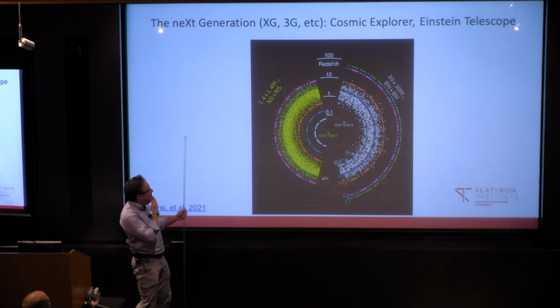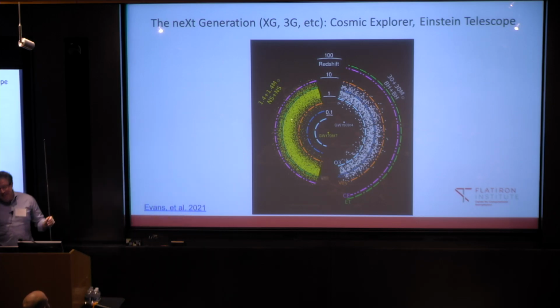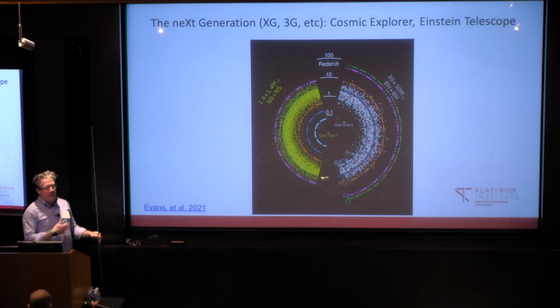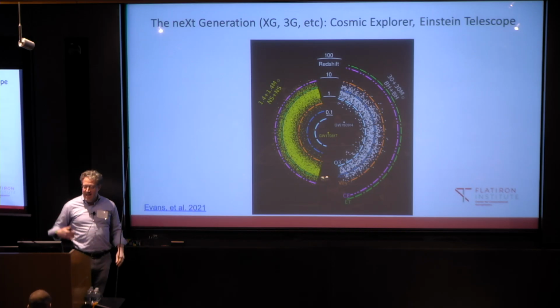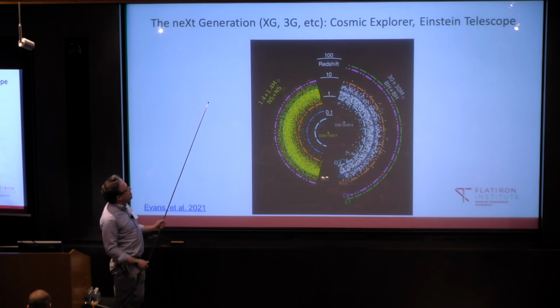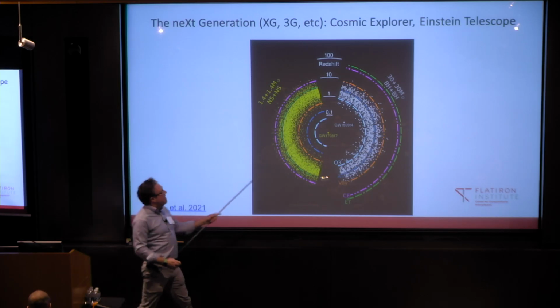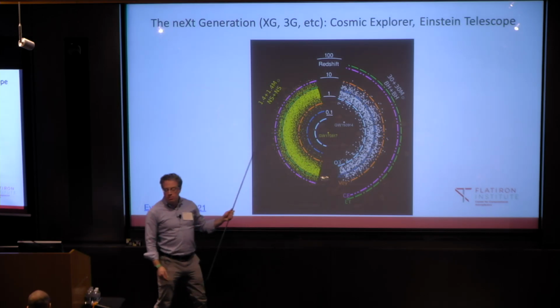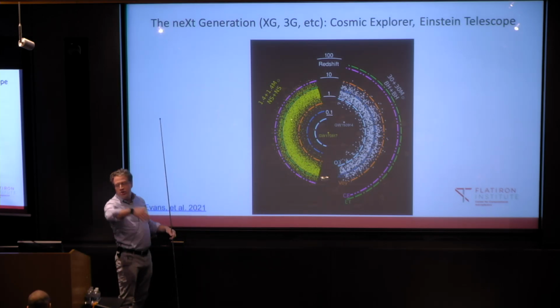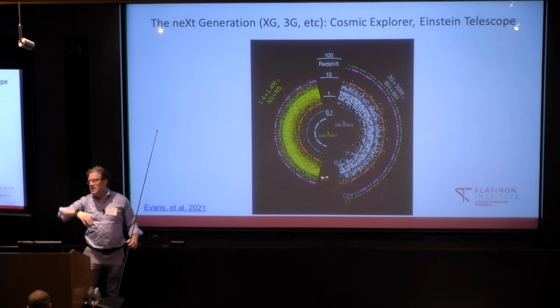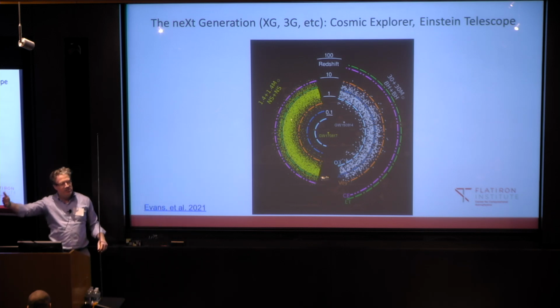It's XG instead. Anyway, the next generation, which will be longer arms, enhancing the strain signal, fancier optics, et cetera, basically improve the sensitivity by a factor of 10, and will move the horizon redshift for, say, a 30-30 black hole merger out to redshift 100, which is beyond where 30-30 black holes exist.